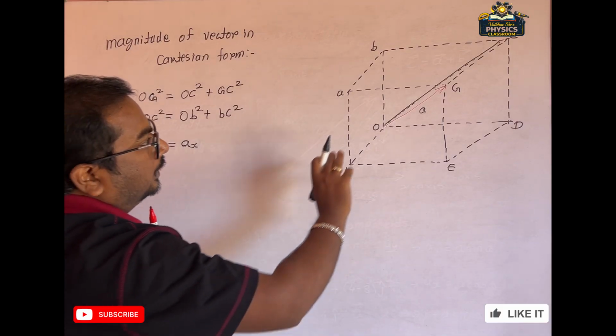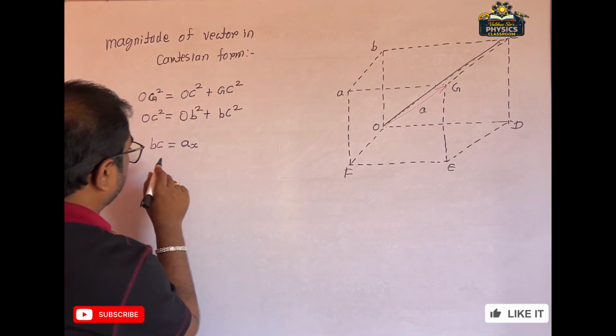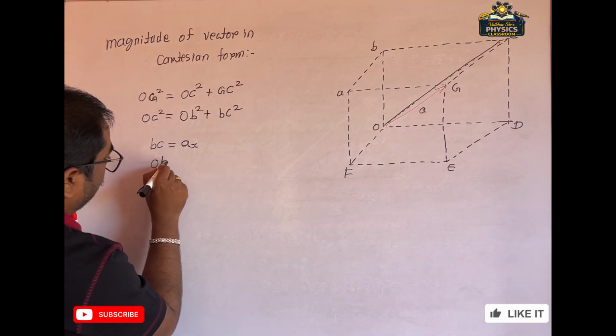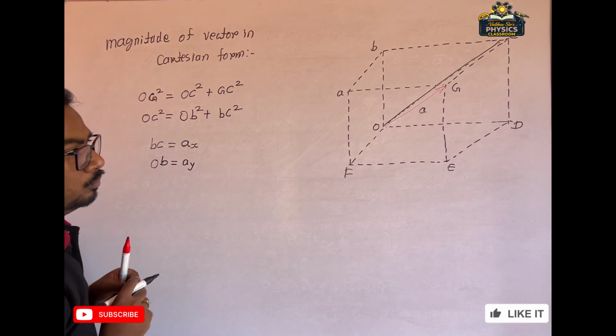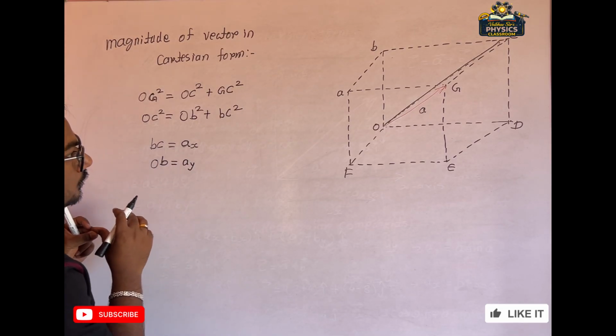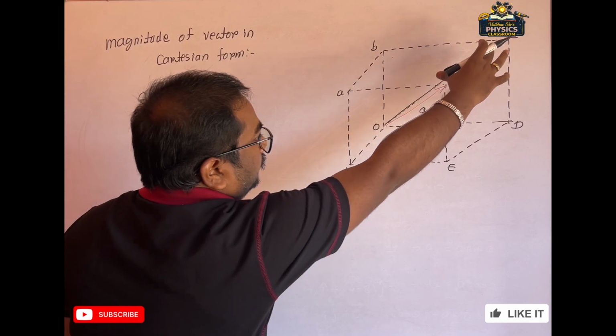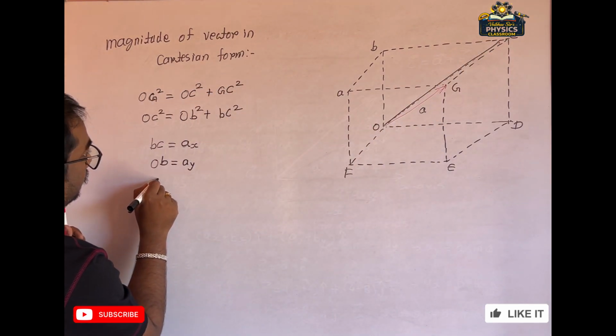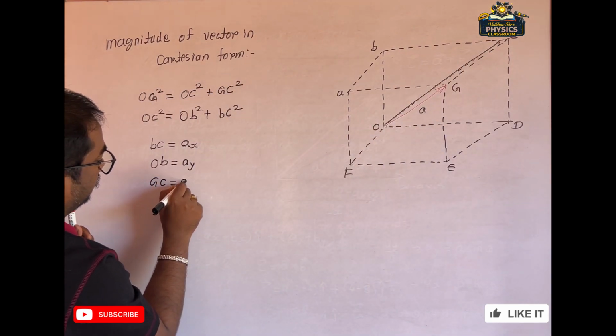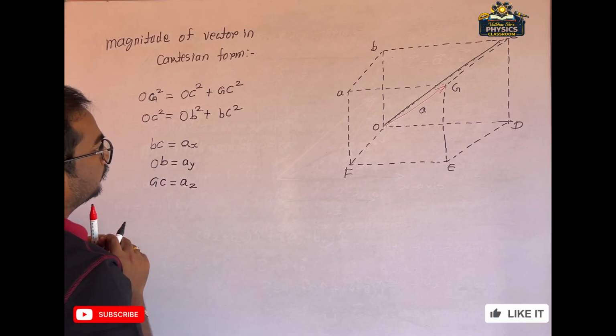Then OB is the y component, and GC is the z component.